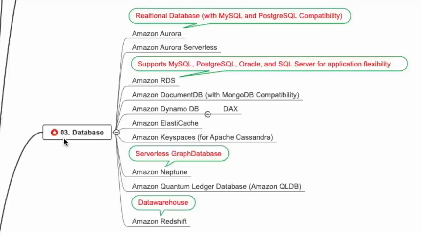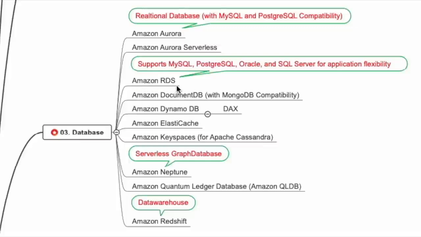The third service topic is database. Databases can be broadly divided into RDB, relational database, and NoSQL. There is also a ledger DB and a data warehouse DB for data analysis. If we look at AWS services by database type, first there is Amazon RDS, which is an RDB.